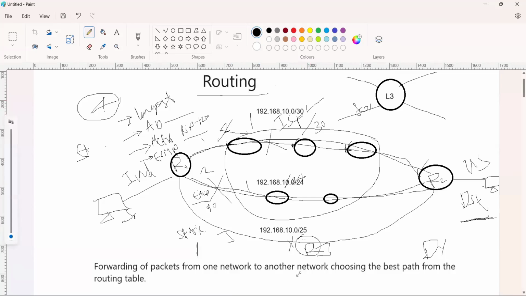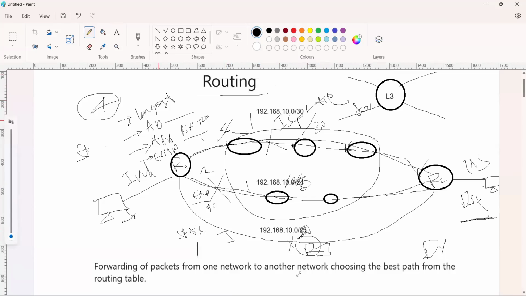If the longest prefix is a tie, meaning all the paths are using /30, then it will move to the AD value.